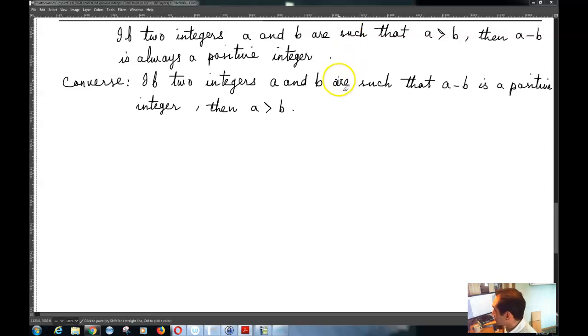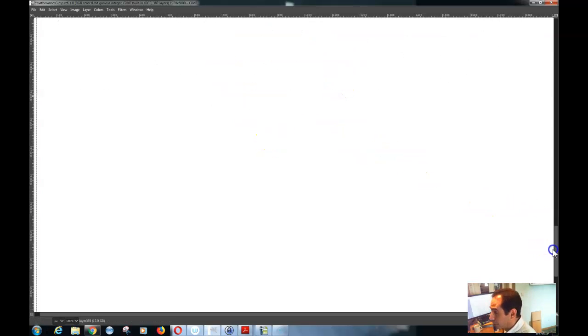For example, suppose that you have: if a triangle ABC is equilateral, then it is isosceles.